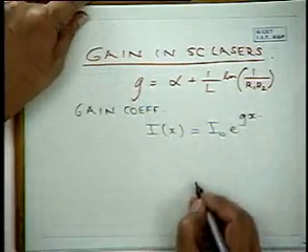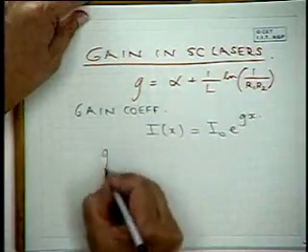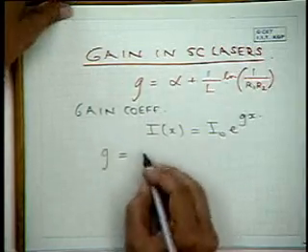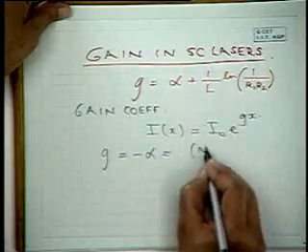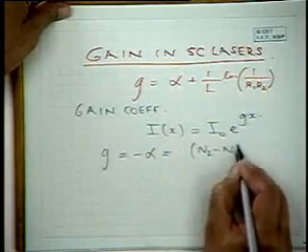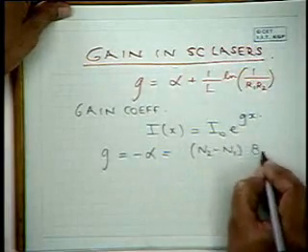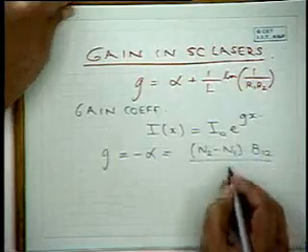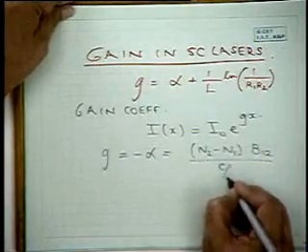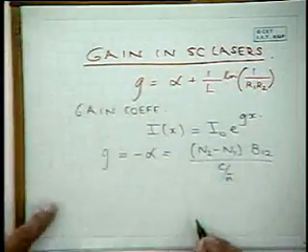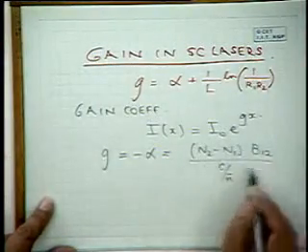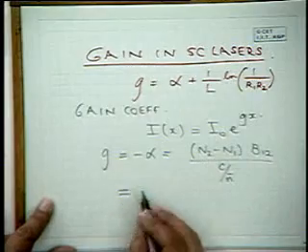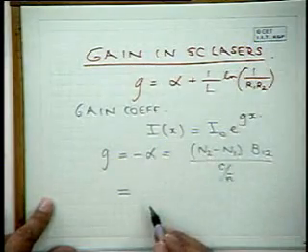Okay, so G, the gain at a particular energy, is just equal to minus alpha is equal to N2 minus N1 B12 over c by n bar. That's the velocity of photons in the medium. We had derived this expression last time.